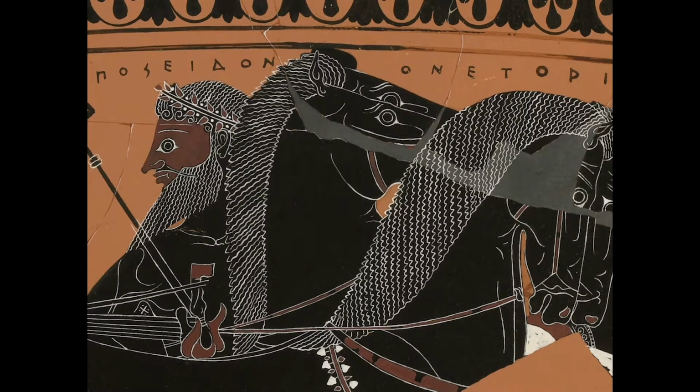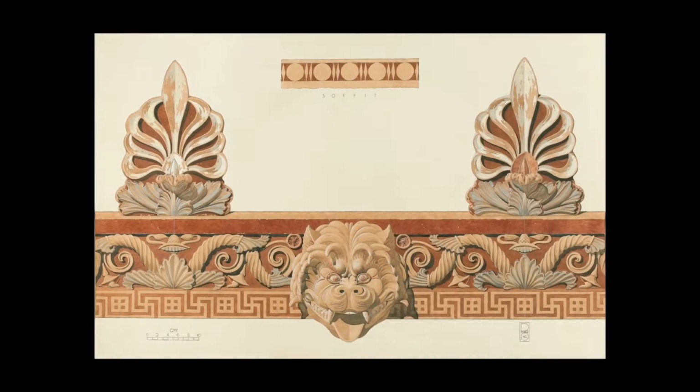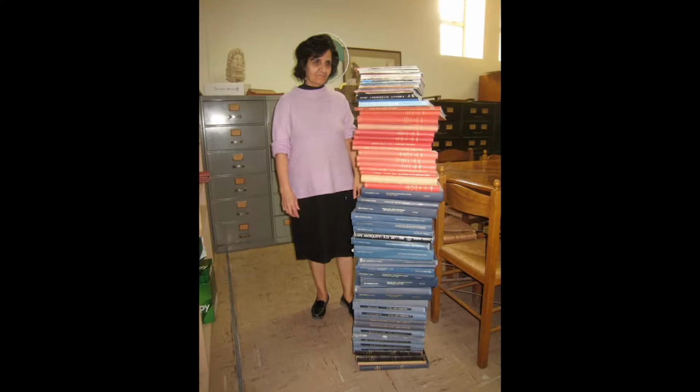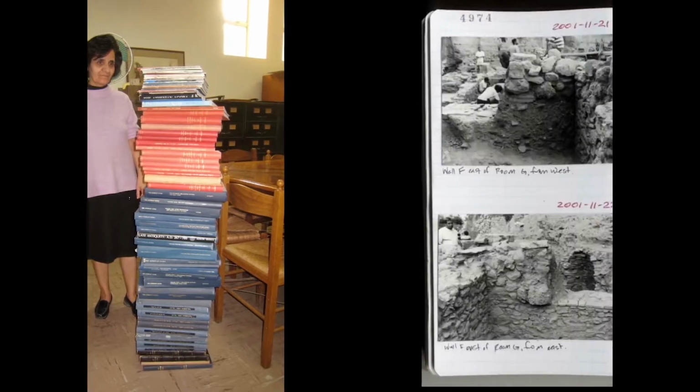We had drawings, where people would go in and draw the finds. They would do drawings of architectural blocks and things like that, and also the state plans. So we had a lot of these plans. And then we had the publications. So that's the whole stack of information from the Agora, from the original excavation material all the way through to the final publication. This was the material that we wanted to try to digitize and make available for people.